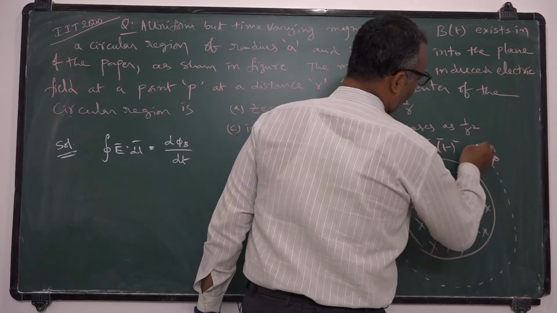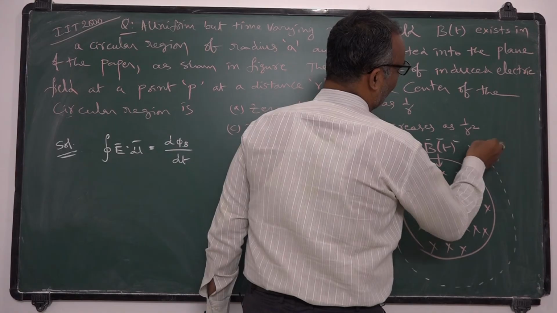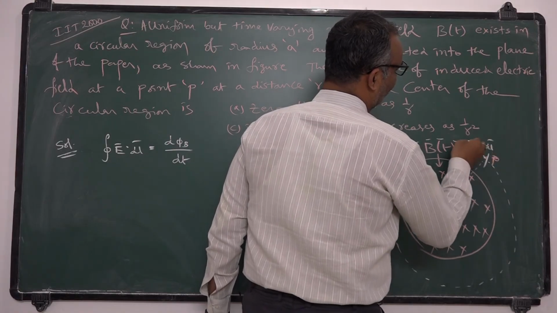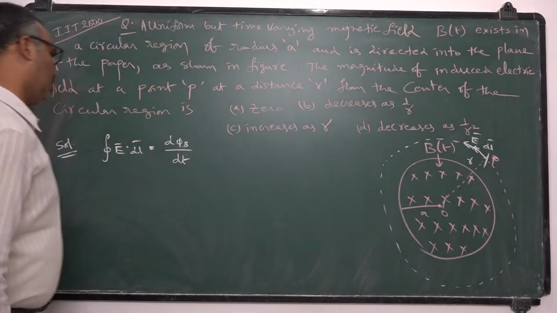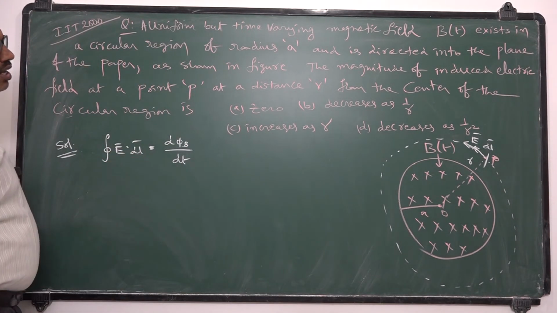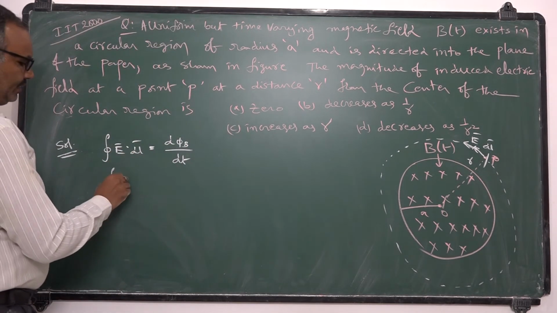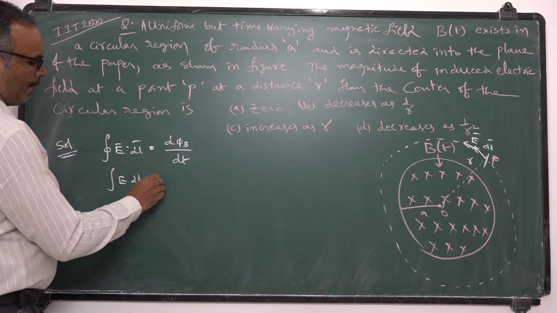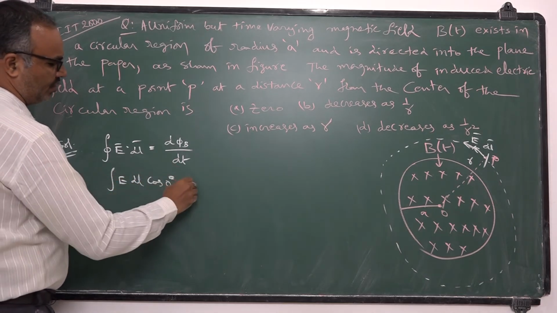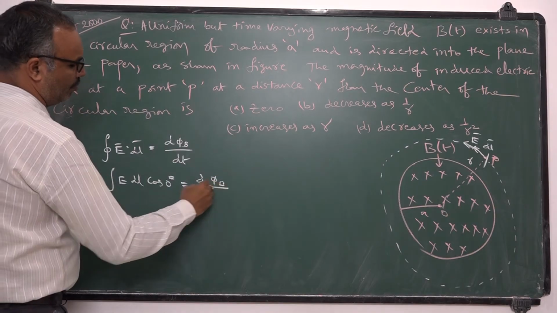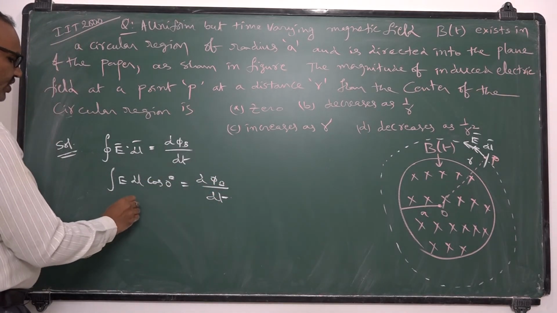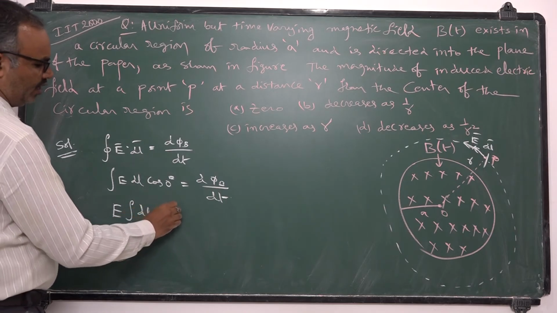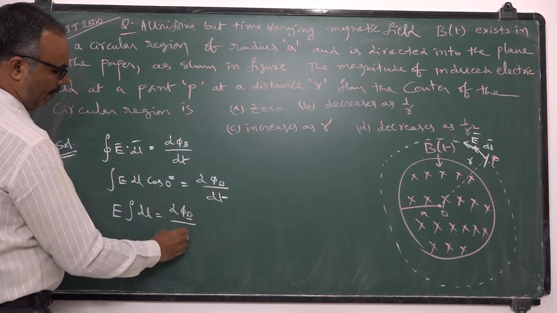Here you should take a small element of length dl. Here the electric field is also in the same direction, E bar. If you take integral E bar dot dl bar, that is E dl cos 0, both are in the same direction, is equal to d phi b by dt. Cos 0 is 1, E is fixed, E integral dl is equal to d phi b by dt.